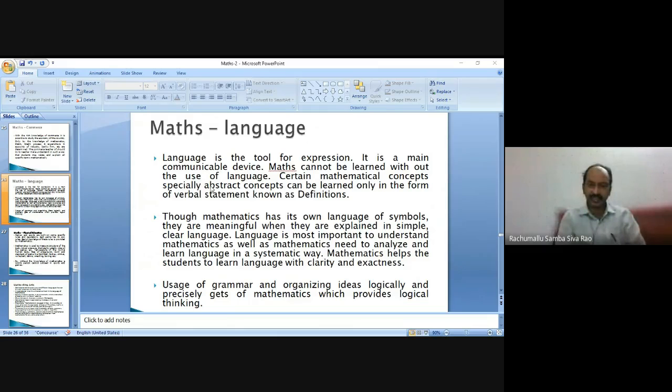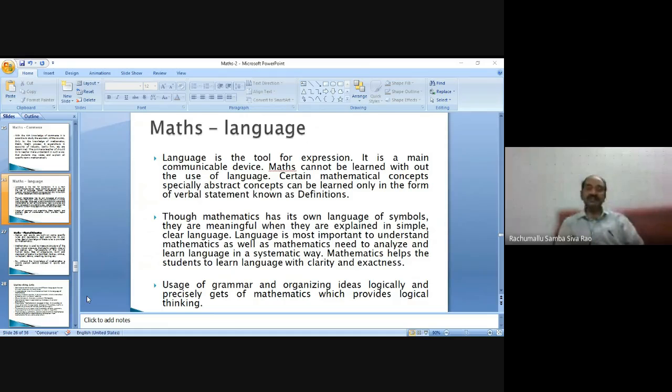Definitions, theorems, and statements of theorems have to be learned with the help of language only. Though mathematics has its own language of symbols and notations, they are meaningful only when explained in simple, clear language.